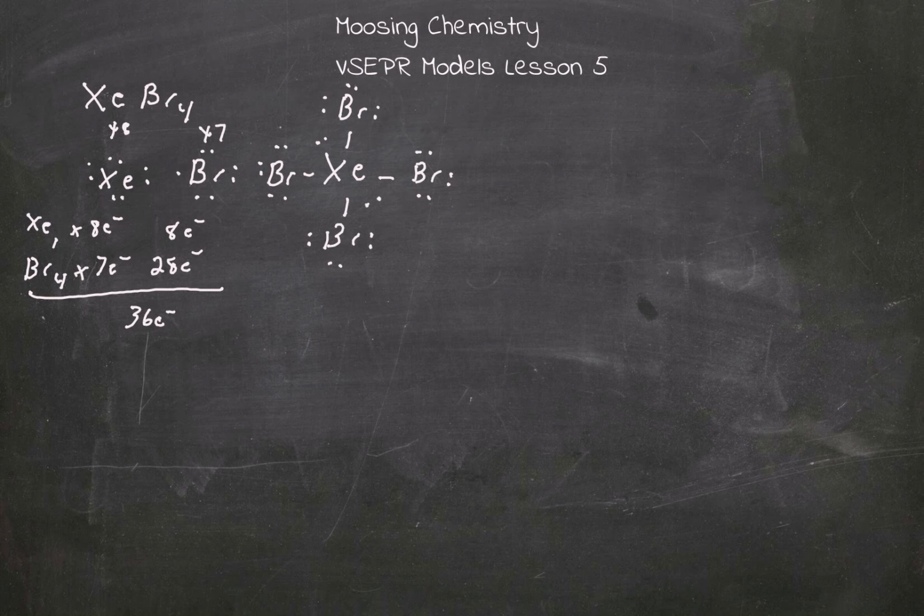So let's check our formal charges first to see if this is the best possible structure. We'll take the formal charge of Xe. Remember that formal charge is valence electrons minus non-bonding electrons minus bonding electron pairs, okay? So we have a total of 8 valence electrons minus non-bonding electrons.